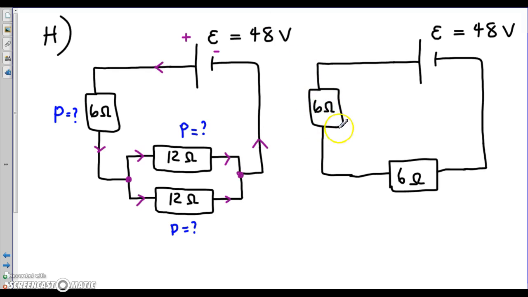Whenever you have the same resistance across 2 series resistors, they share the EMF equally. So this consumes half of the EMF. This consumes the other half of the EMF.